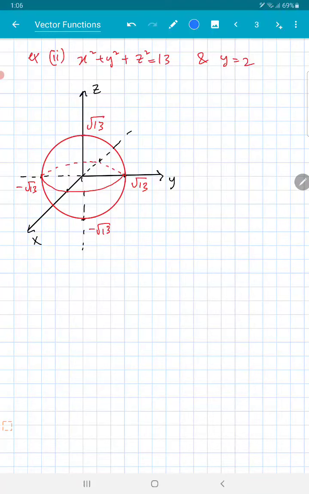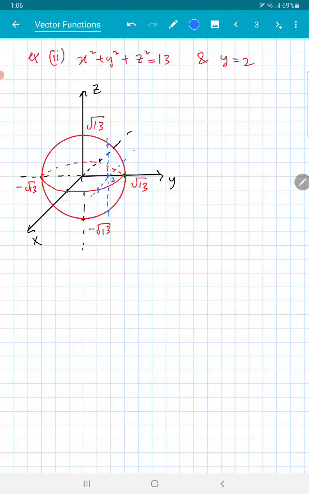Square root of 13 would be 3 point something, so let's say that's a 2. For y equals 2, we have a vertical plane. And when we slice the sphere with a vertical plane, what we have is a circle.